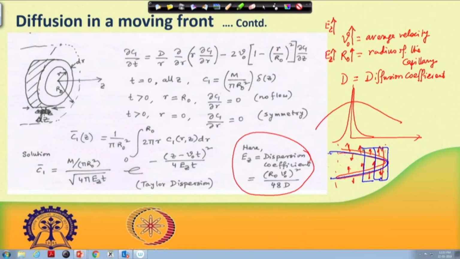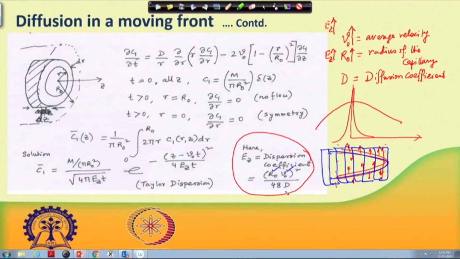As long as we are collecting these samples, we will continue to see the effect of mixing, because this front has been stretched much. That is why I can see the effect of R naught and V naught coming in, because R naught and V naught are essentially stretching this particular profile here.